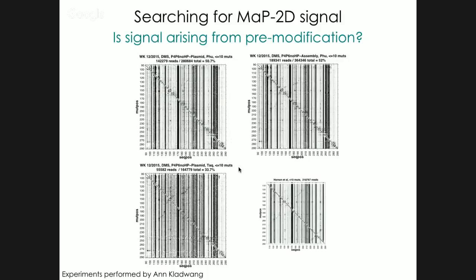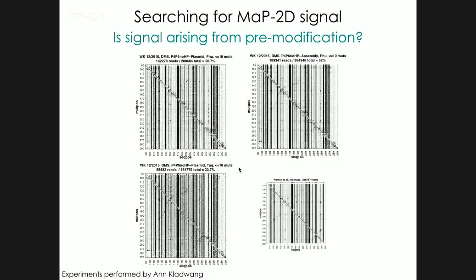And so we performed another round of searching for the signal in pre-modifications by performing PCR from the plasmid to generate the template versus PCR from PCR assembly, or doing PCR from plasmid but with the introduction of mutations through error-prone PCR.